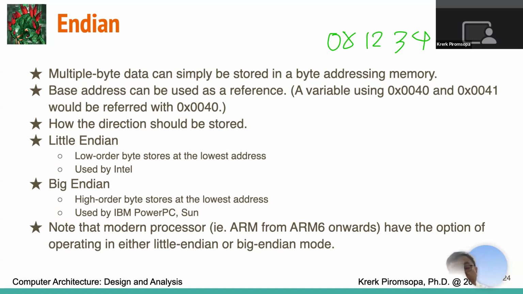Or another way to write 1, 2, 3, 4, base 16. But programmers usually write 0x, meaning base 16, hexadecimal. We have 1, 2, 3, 4, base 16. That would need what? 2 bytes. Right?